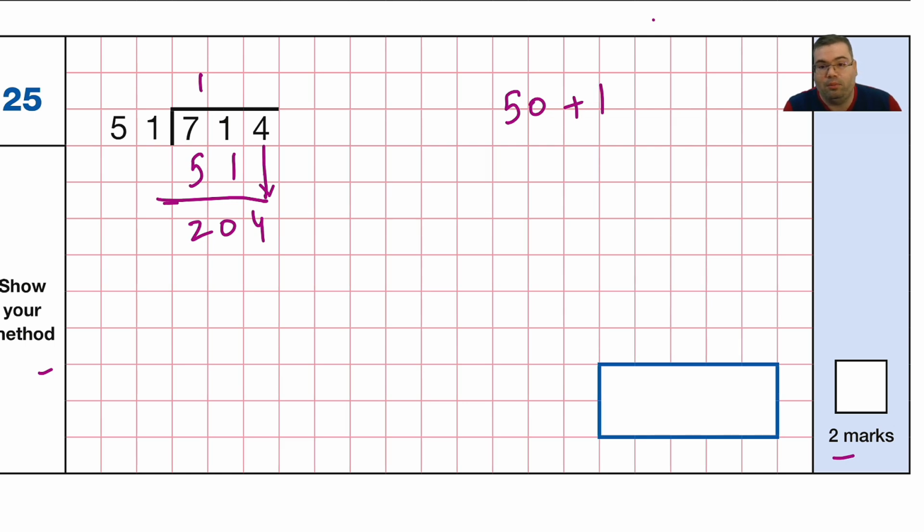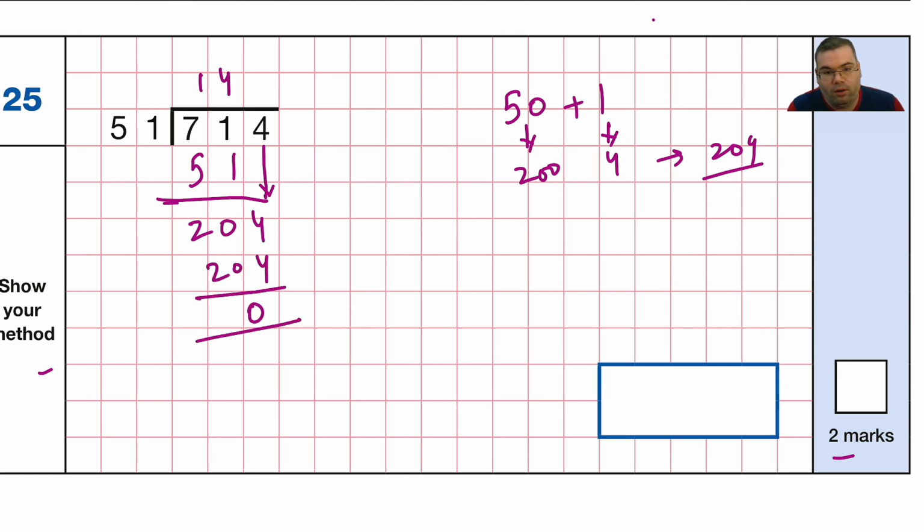And when you times by 4, 50 times 4 is 200, and 1 times 4 is 4, so 200 plus 4 is 204, right? So we can see that it's 204, so it goes in 4 times, right? So 51 times 4 is 204, very easy. So now this is 0, so the answer is 14, right?